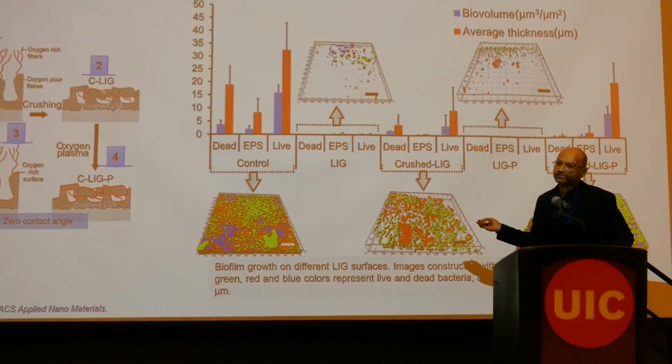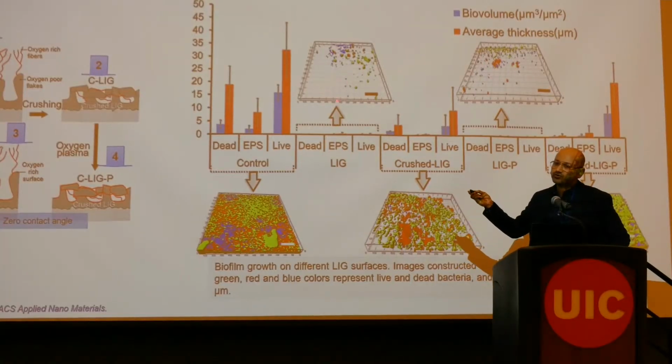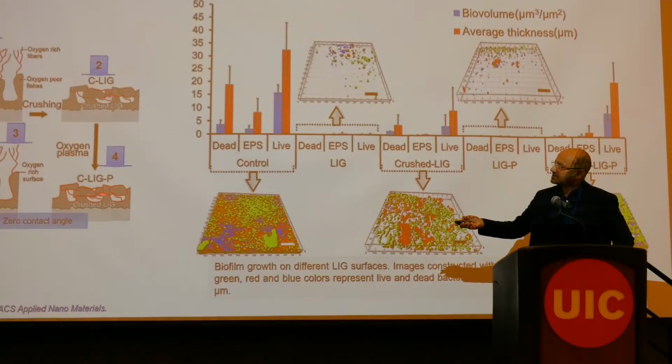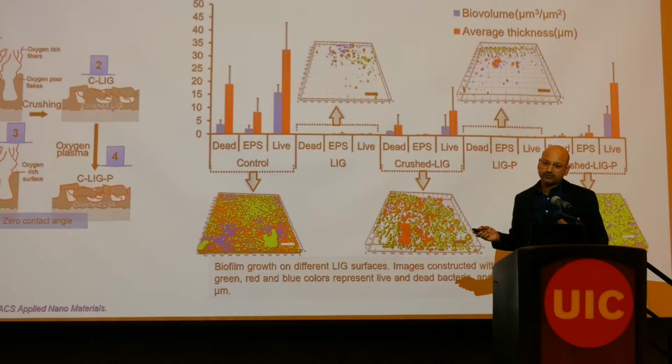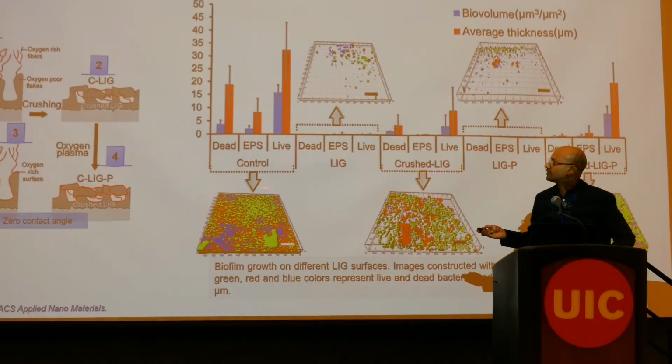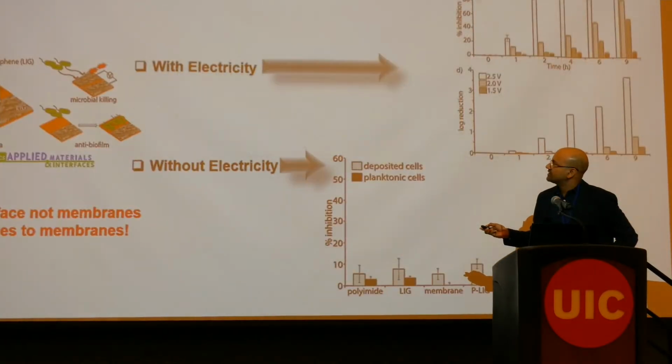Here you can see this is a biofilm, but on the laser-induced graphene you don't see anything. We have tried to understand with several chemical properties, but it is the nano-sized fibers. When we destroy those textures, and we have done the biopsy, if you destroy the texture, they will not be able to resist. We also tried to see what the electricity is doing.